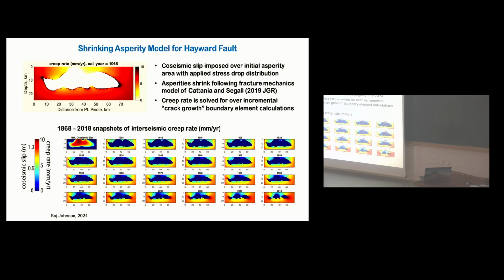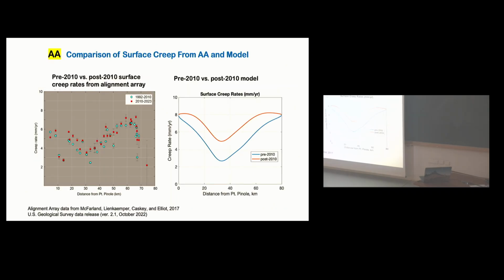And this is just a forward model. I just ran a few models to see what this would look like if we assume that this is what's happening. And from that model, the difference between early and late creep rates along the fault sort of has the first order pattern here. It's probably too much.